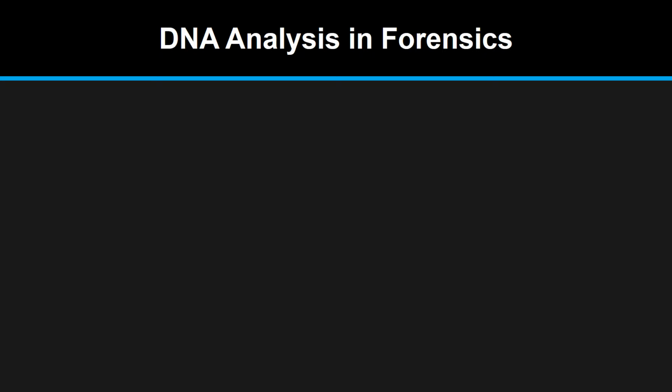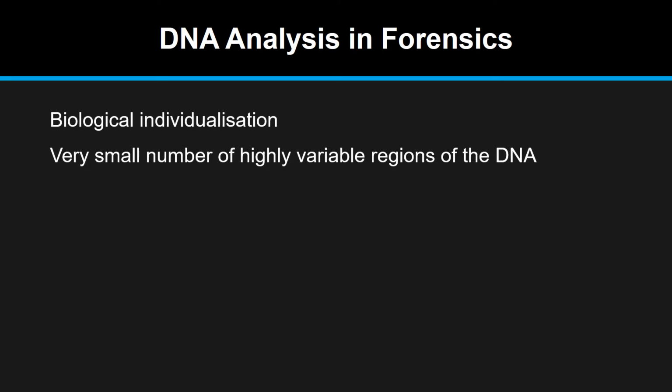Forensic science relies on DNA analysis' reputation for being the ultimate method of biological individualization. Forensic geneticists are not interested in the entire genome of individuals. Their primary interest is in a much smaller number of highly variable regions of the DNA, which is just about 1/1,000,000th of the genome.